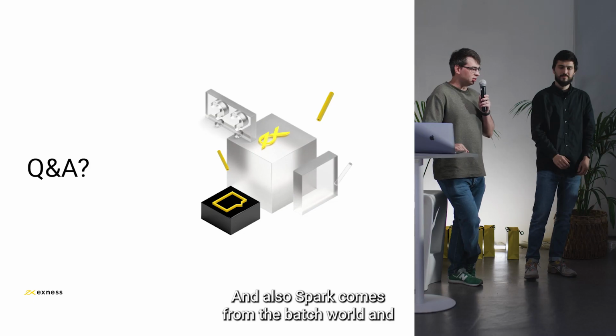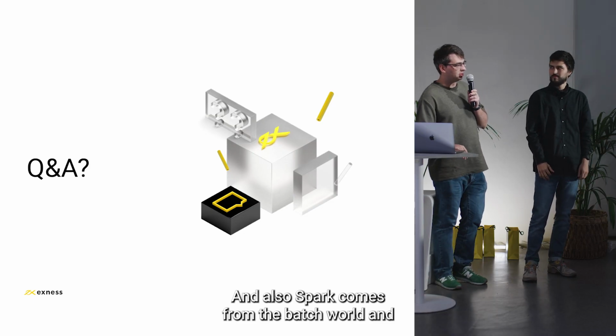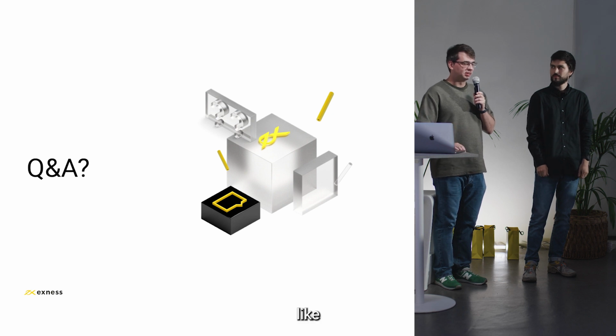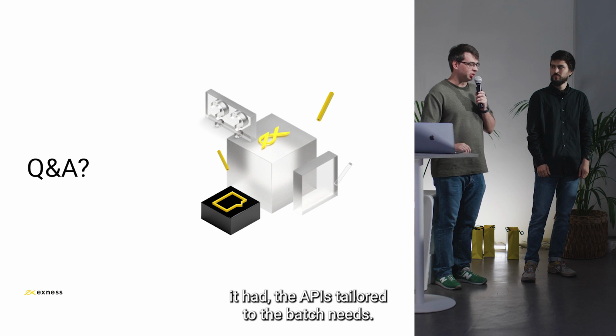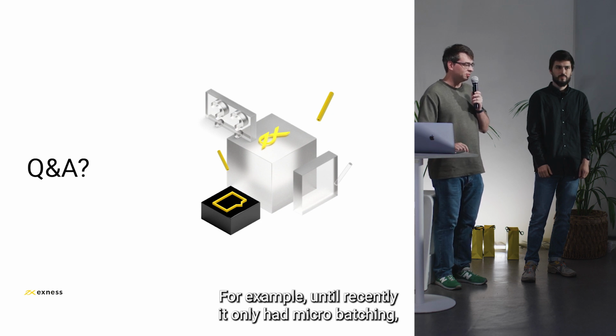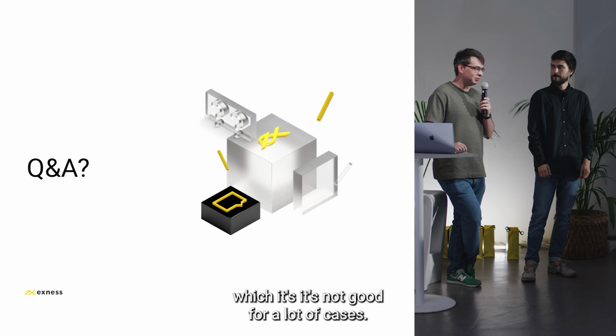Also, Spark comes from the batch world, and it had APIs tailored to batch needs. For example, until recently it only had micro-batching, which is not good for a lot of cases.